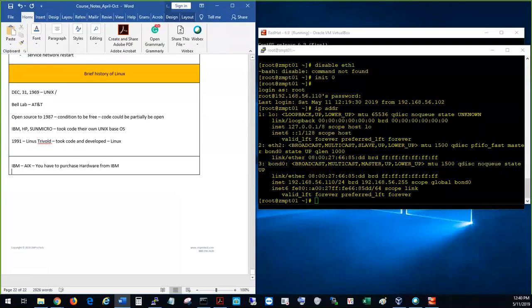For AIX to work, you have to purchase the IBM hardware, or else it won't work. Okay, same thing with HP. HP used this code and came up with HP-UX. And you have to purchase the same thing. You have to purchase the hardware from HP for it to work.